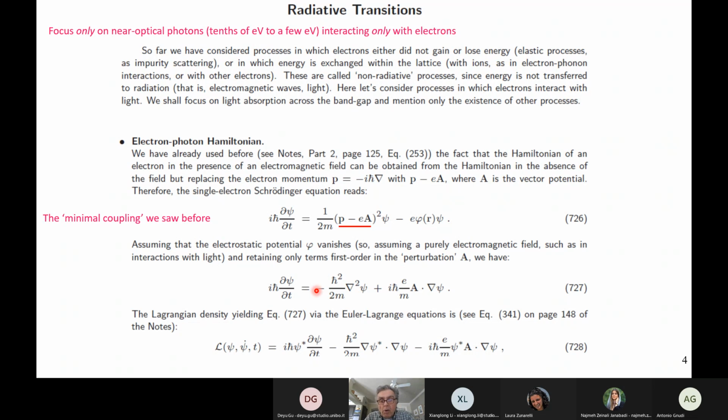If we want to go to second quantization, we'll consider, as usual, the fields psi, which is the Schrödinger field, and the field A, which is the field associated with the quantized electromagnetic field that we saw a few lectures ago. This is the field equation, again taking a second quantized perspective.